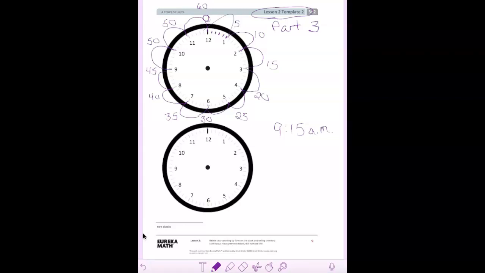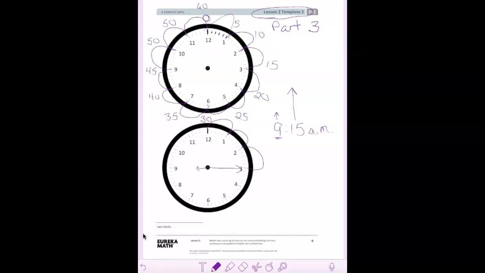There's a short hand, which shows the hours, and then there's a long hand that shows the minutes. So I'm going to point my short hand to the 9 because the hour is 9. And 15 minutes. I'm going to count 0, 5, 10, 15. So my minute hand, the long one, is going to point to 15 minutes.